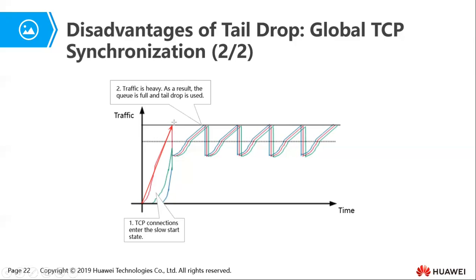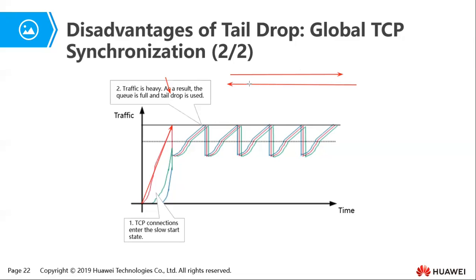Once the queue is full, because of this phenomenon we call the tail drop, we are going to discard some of these TCP packets. When we discard these TCP packets, the receiver or the server is not going to receive acknowledgement. As we know, in TCP, every packet we send has to be acknowledged. So for example here, the server is not going to get acknowledgements.